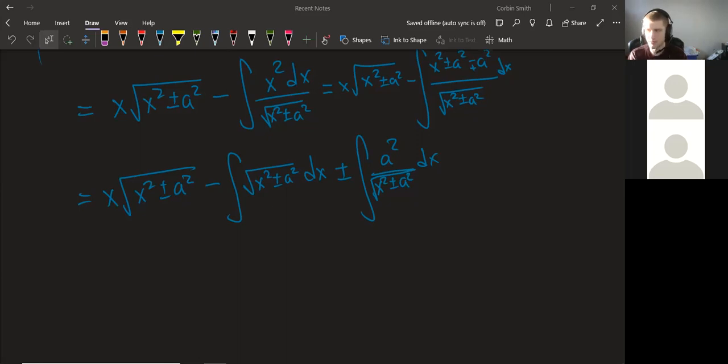And we want to pull out an a from this. So this becomes plus or minus the integral of a over the square root of x over a squared plus or minus 1, dx.